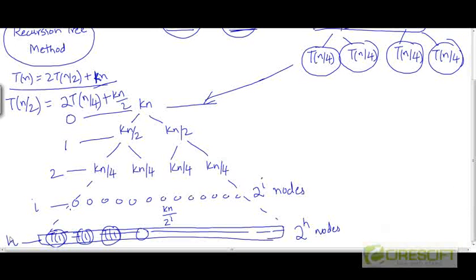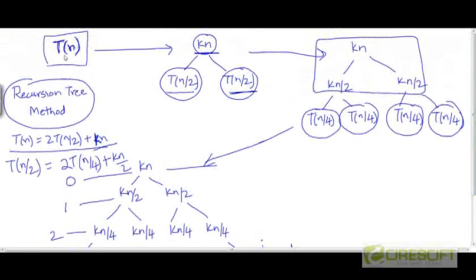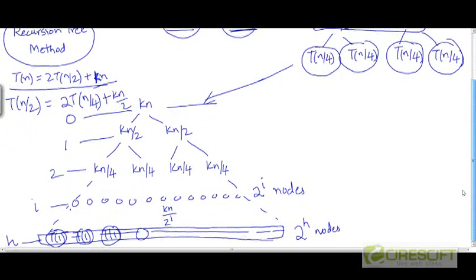But what is the value of h? Well, for the argument of T to become 1, so the argument for T here was T of n. And then when we created level 1, the argument was n by 2. Then when we created the second level, the argument at the second level was n by 4. So at what height or at what depth will the argument become equal to 1?